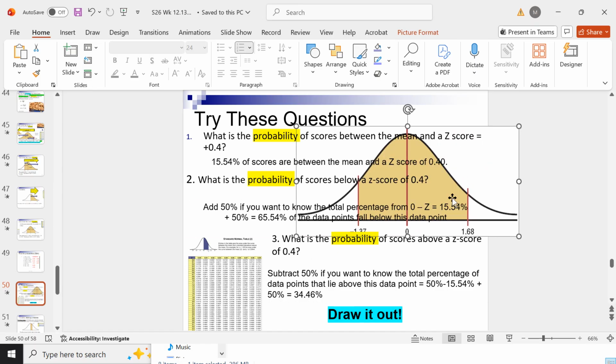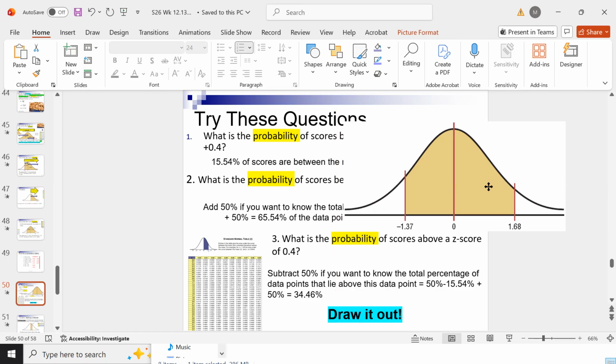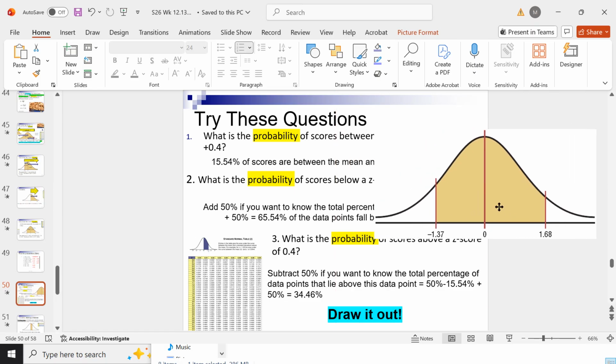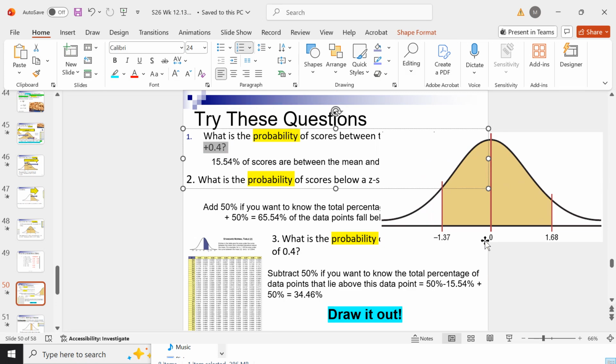What are we looking at? You look at this example right here. We want a z-score of 0.4, so that would be right about here. I want to know what the area under the curve is for this area.